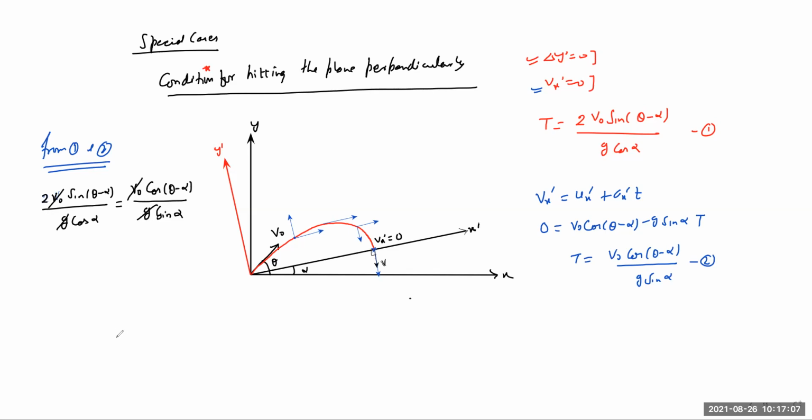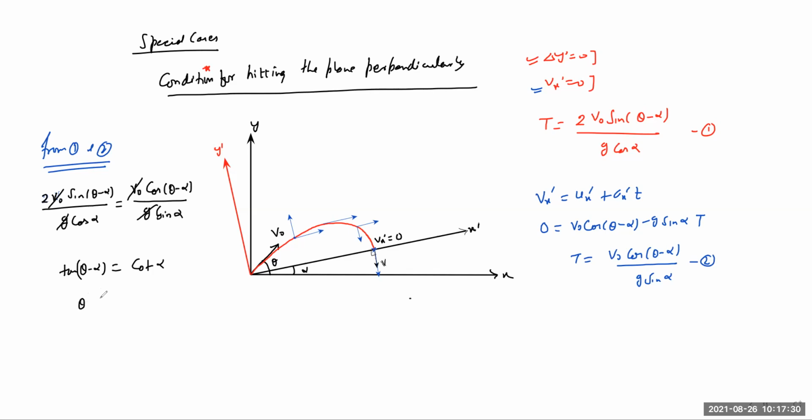So it has nothing to do with the velocity. So once you have the angle fixed, you will get cot alpha. So this is happening only at one particular angle.